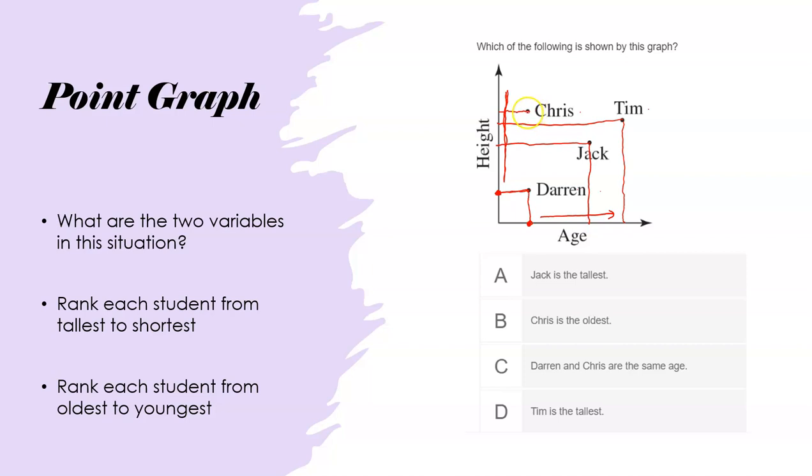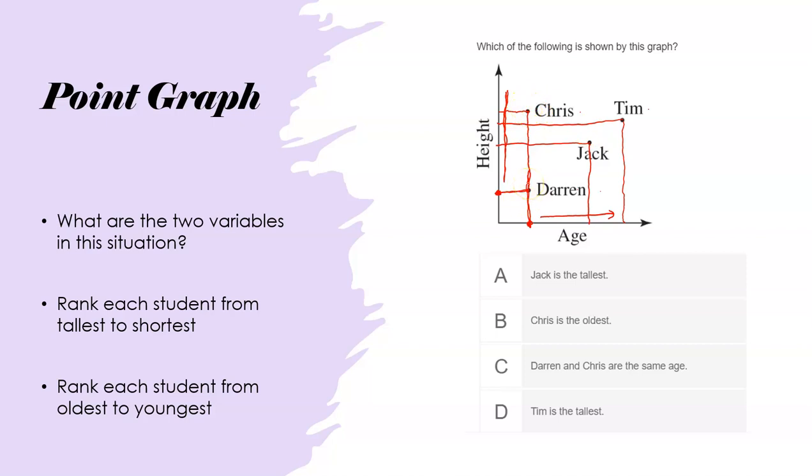And then we have Chris and Darren. You can see that their points are directly underneath each other, which means that their age is exactly the same on the horizontal axis. So the oldest student will be Tim, then comes Jack, and then Chris and Darren are the same age.